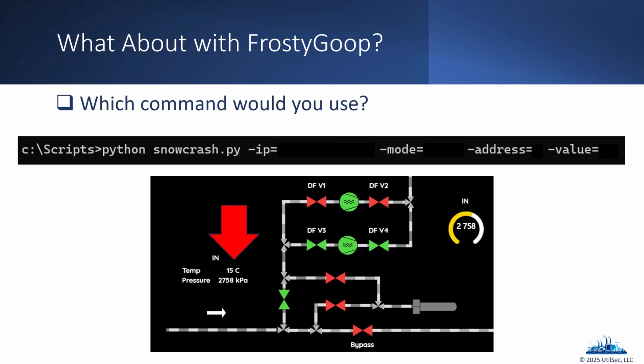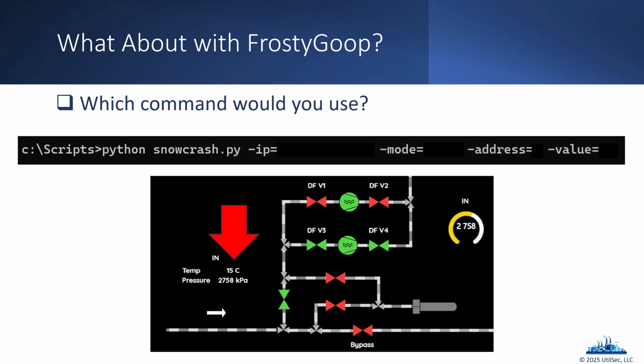Now there's a walkthrough in the labs where we create our own version of Frosty Goop using ChatGPT, and I called mine Snow Crash just to use a different name, based off one of my favorite books. It's a cyberpunk book if you're into that type, kind of like William Gibson and things like Neuromancer.